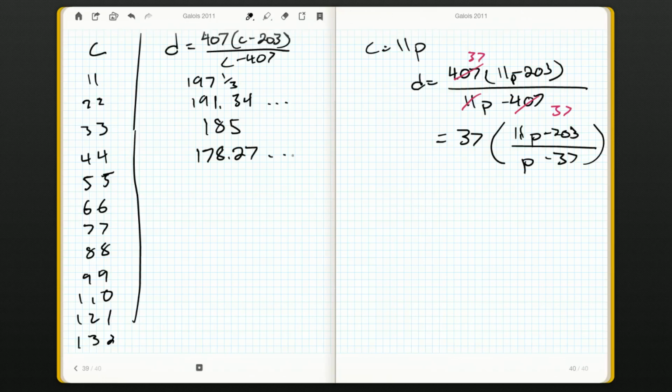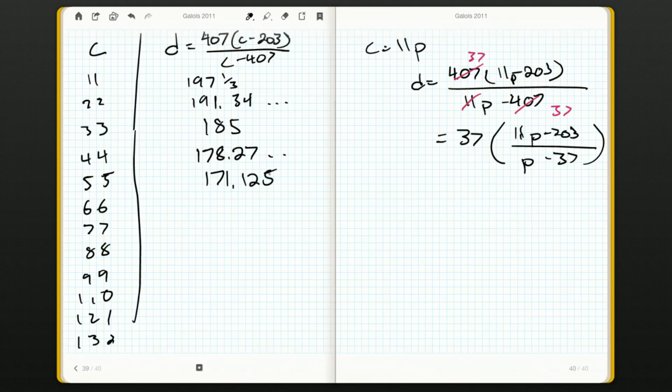That's not going to work. How about 55 minus 203 divided by 55 minus 407. And we multiply through. There we get 171.125.